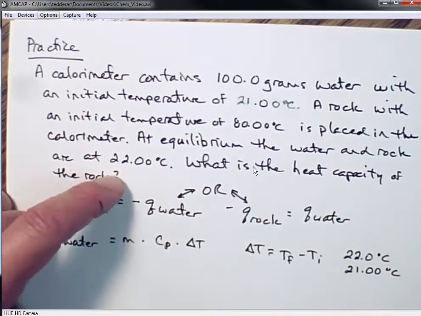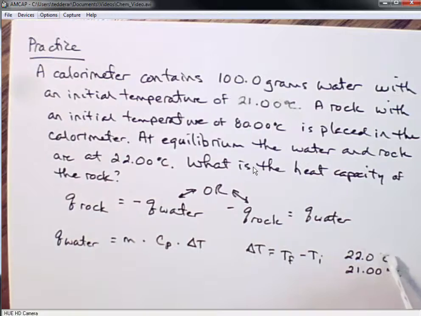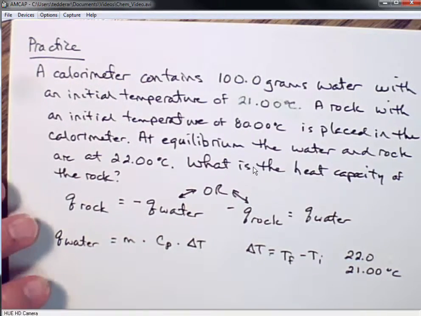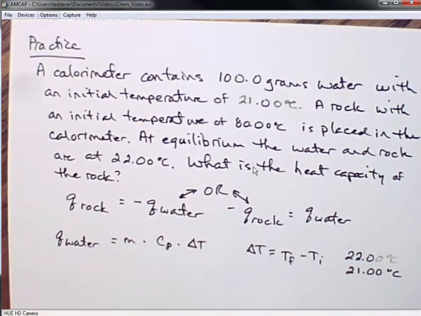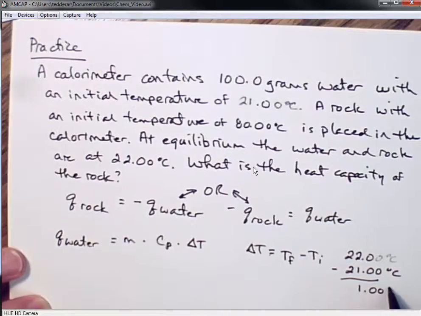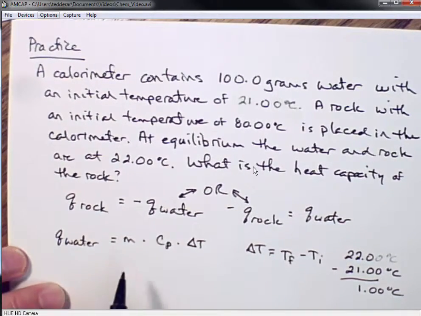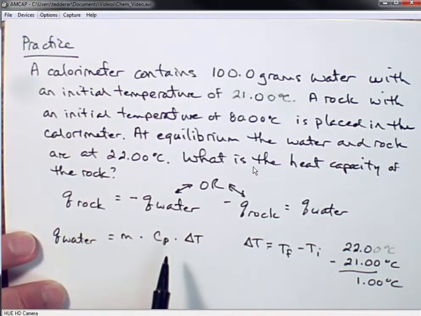I should have put an extra 0 on there, shouldn't I? Got to keep up with the significant digits. And so we're going to subtract initial temperature from final temperature, and you get a 1 degree temperature change. Okay? The mass for the water, got to be careful about which one we're working with because we've got two different masses here.